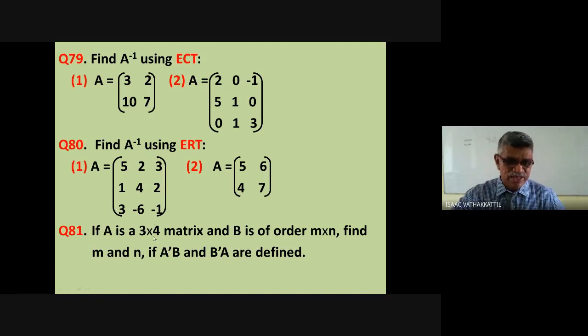Well, if A is a 3 by 4 matrix and B is an M by N matrix, find M and N for A dash B and B dash A. Find M and N if A dash B and B dash A are both defined. What must be the order of B? B is a product M by N. What must be the order if A dash B and B dash A are defined?